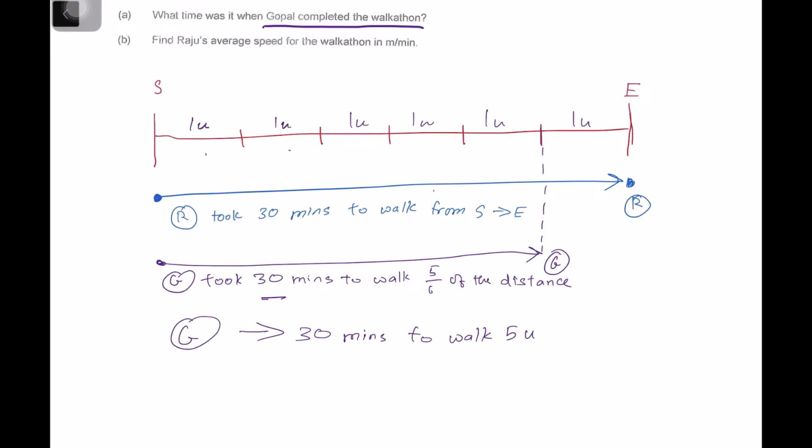We have 1, 2, 3, 4, 5. So Gopal took 30 minutes to walk 5 units, which means if we divide 30 by 5, so Gopal takes 30 divided by 5, which is equal to 6 minutes to walk a distance of 1 unit.